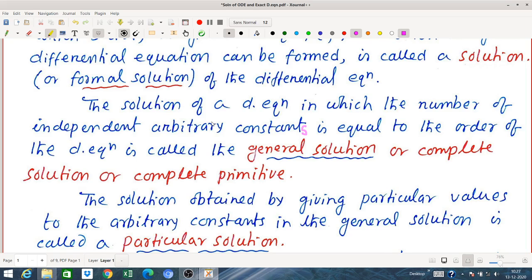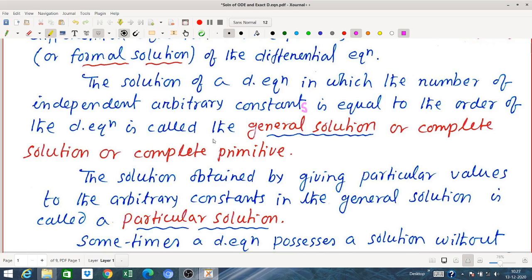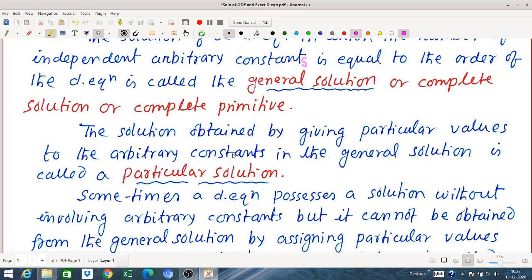If the order is 2, a second order differential equation, then the solution with two arbitrary constants, which of course should be independent and not related, will be called the general solution, or complete solution or complete primitive. Number of arbitrary constants equal to the order means the solution is general.